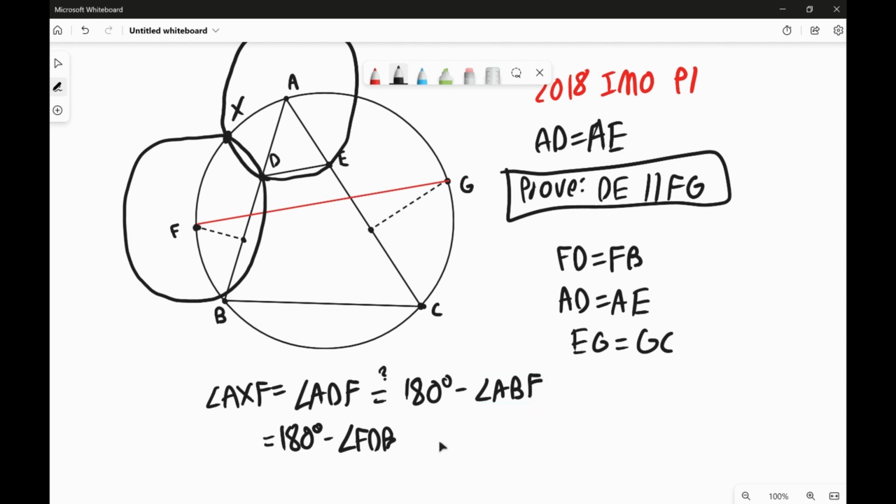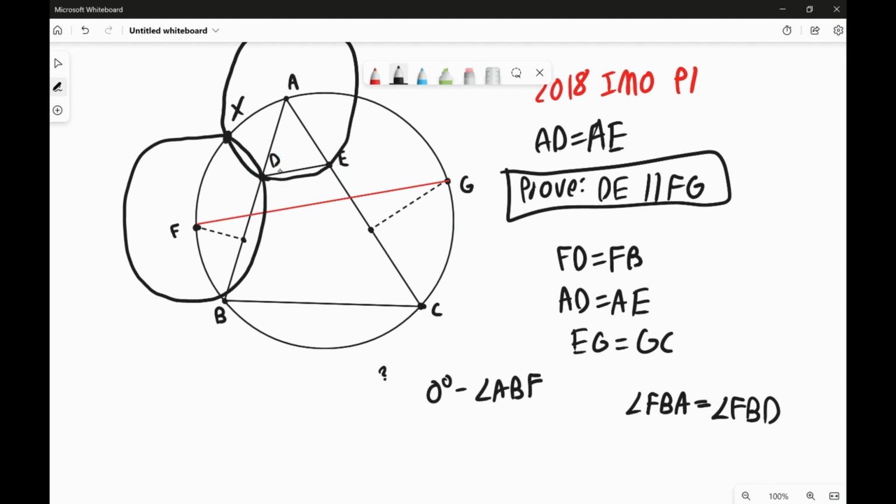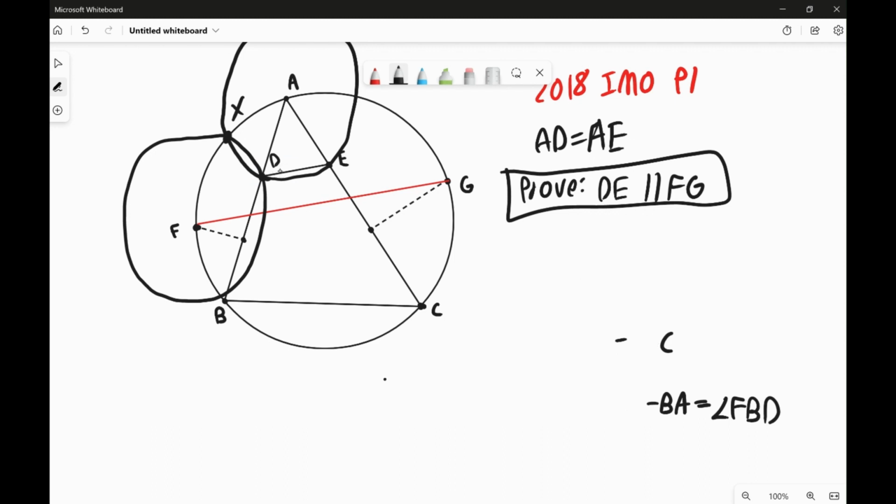And FBA is actually equal to, because of the collinear points, angle FBD. So we want to prove that FDB is equal to angle FBD. But this should be obvious to you because FD equals FB. So these circles actually intersect on the circumcircle. So now that we know that, we can clear all this stuff.